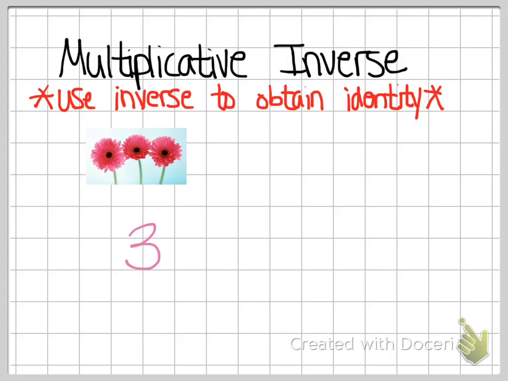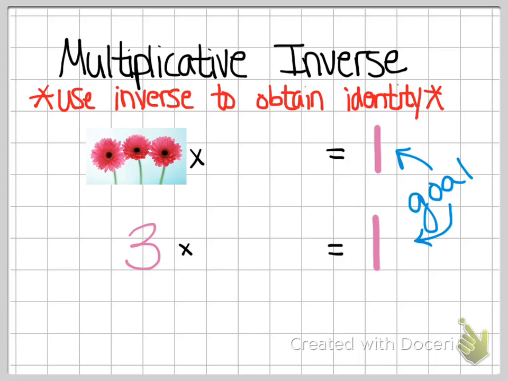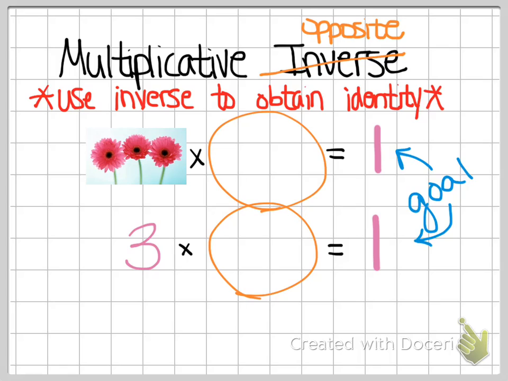So, again, if I begin with 3 flowers, and my goal is to end with 1 flower, which is the identity, what do I have to do? Well, I need to take my three flowers, and I need to put them into 3 groups.